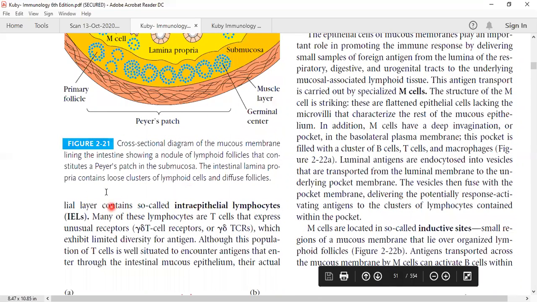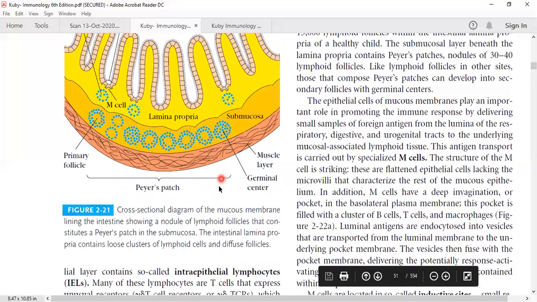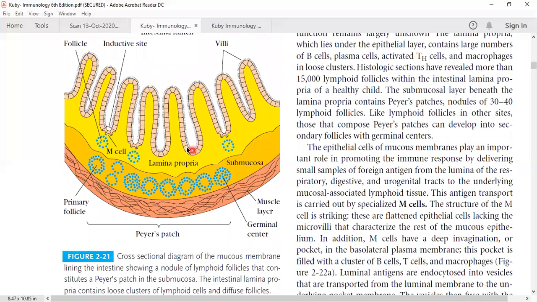This epithelial layer of cells therefore contains so-called intraepithelial lymphocytes. What are intraepithelial lymphocytes? Actually, this is the epithelial layer, or the mucous membrane. It has some specialized cells which are not the normal T cells containing the alpha beta T cell receptor.